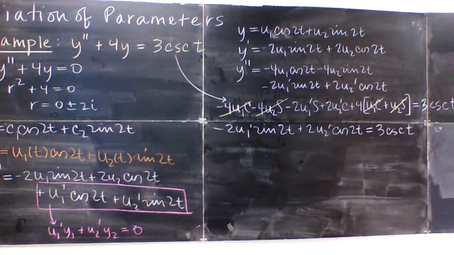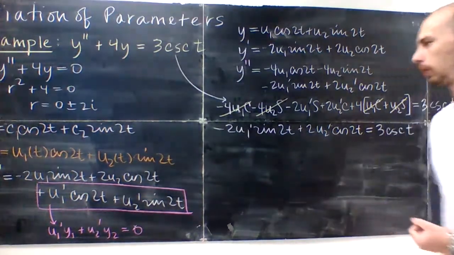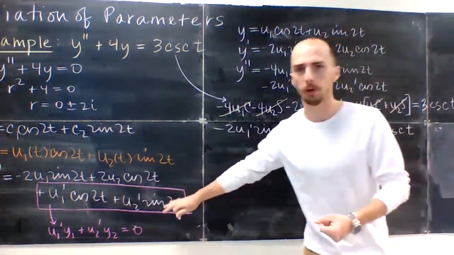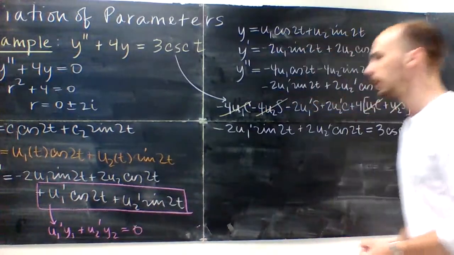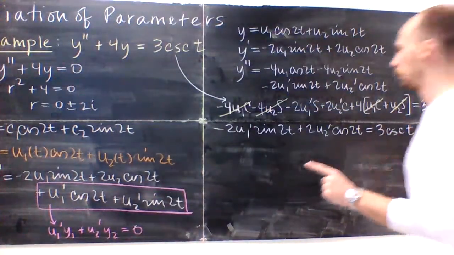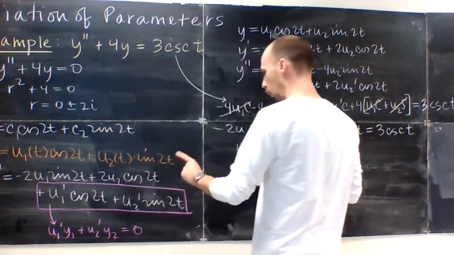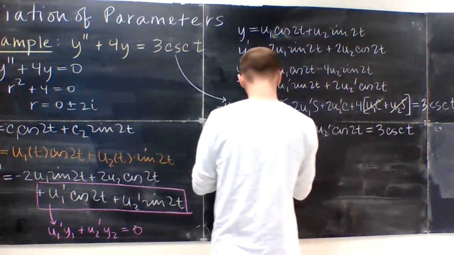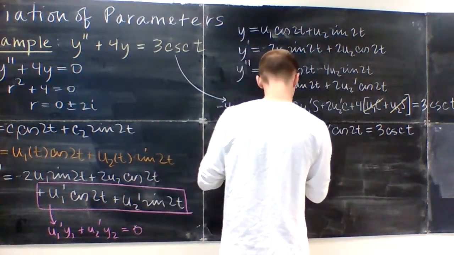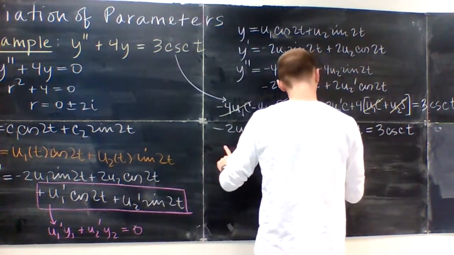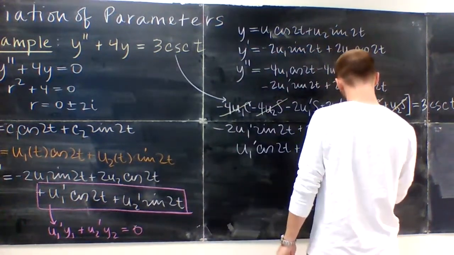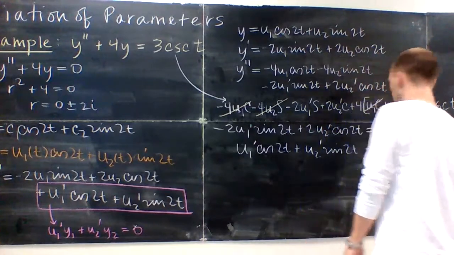But I also know, back to the condition I put on my solution in the first place, that u1 prime times y1, which was cosine 2t, plus u2 prime sine of 2t, equals 0.